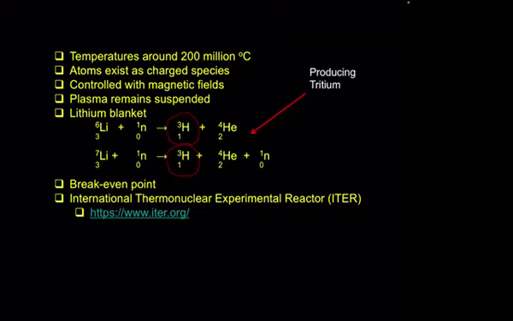Break-even means we're getting out as much energy as we put in, which is the key point to get to. It's not an energy source until you start getting more energy out. That's where we're at: we're just at the point of getting out as much energy as we're putting in, so we have to get to the point where we're getting a lot more energy out.